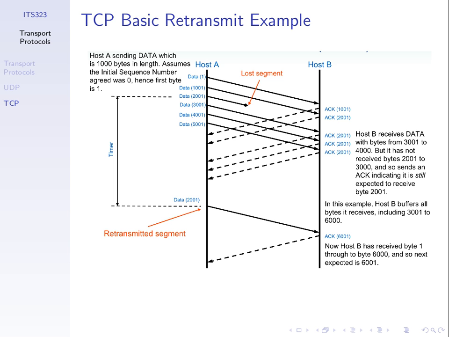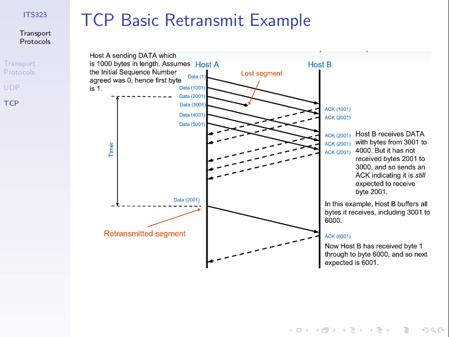So host A has 6 data segments. In this example, just for simplicity, each segment contains 1,000 bytes of data. And the initial sequence number was 0, and therefore the first byte is 1.